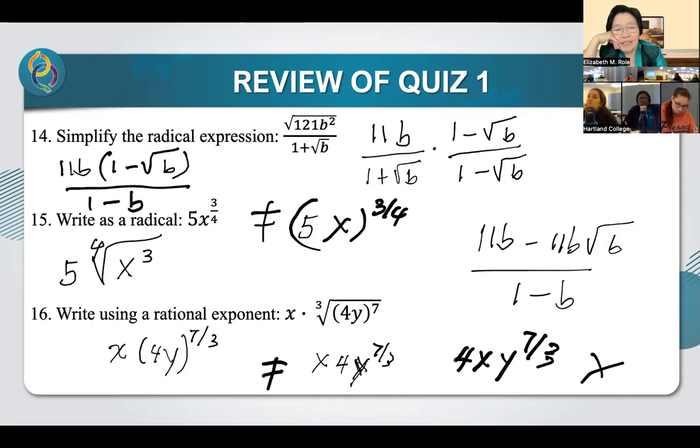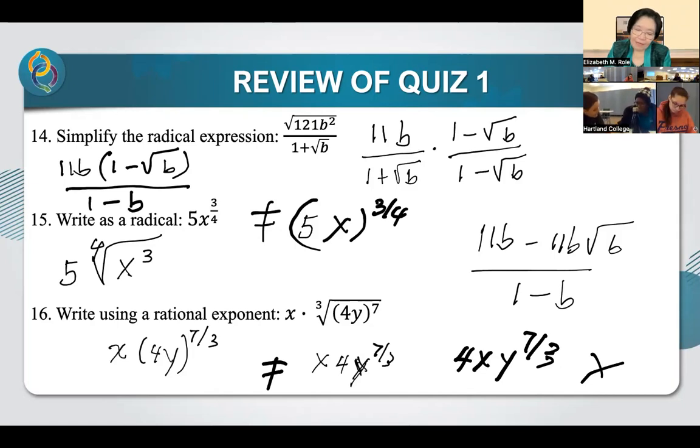Just writing rational exponents. Please let's be reminded of some of those rules because those will keep repeating as we proceed with the rest of our lesson in this class.